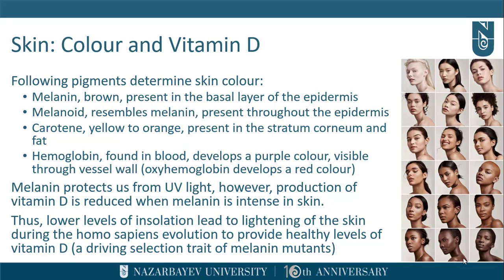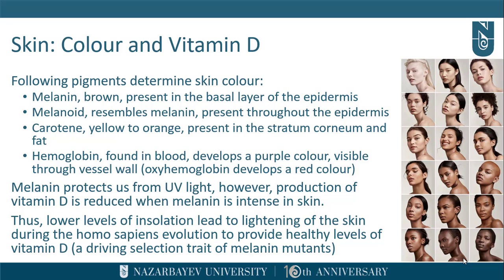It's the different types of pigments that determine our skin color, which are melanin, melanoid, keratin, and hemoglobin. Melanin is a pigment that is produced by the cells called melanocytes, which are found in the basal layer of the epidermis, and it has a brown color.